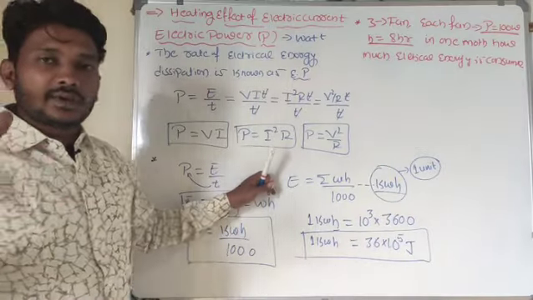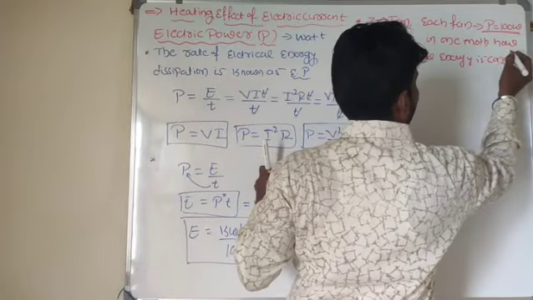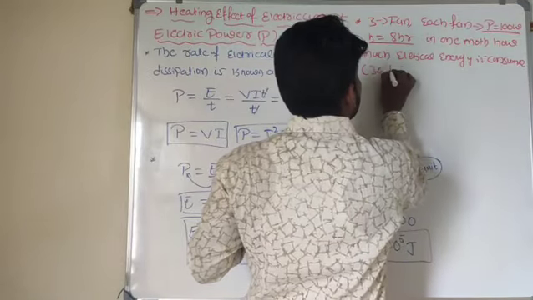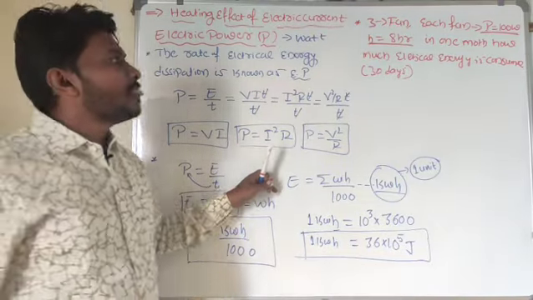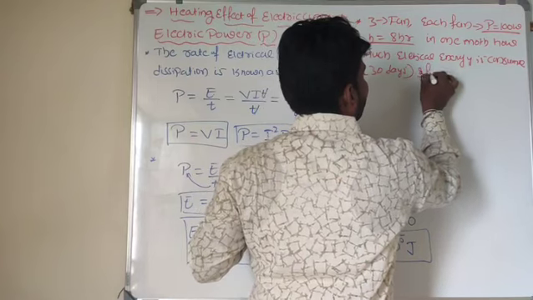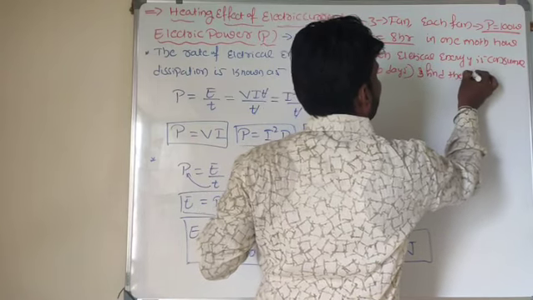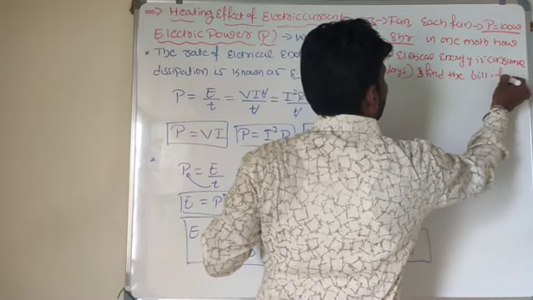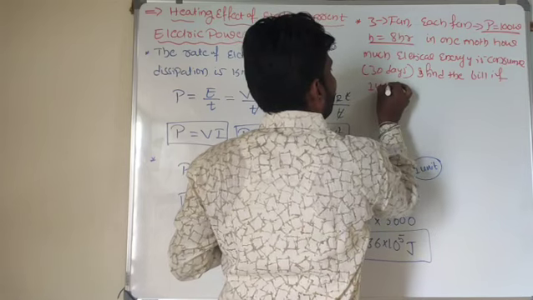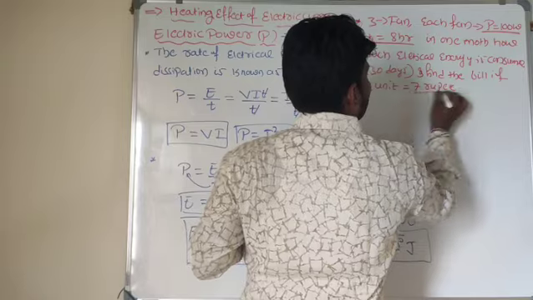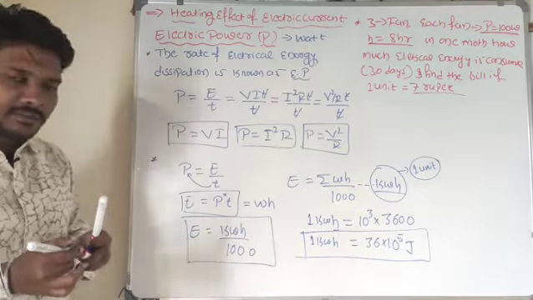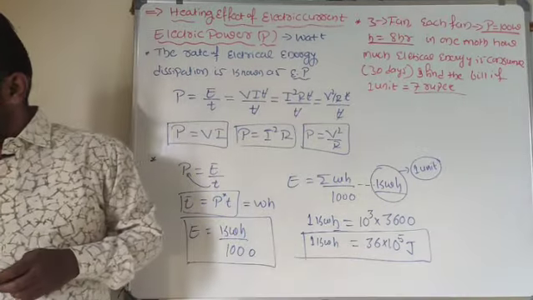You can take 1 month as 30 days. Also find the bill if 1 unit is equal to 7 rupees. So for 1 unit, the cost is 7 rupees.